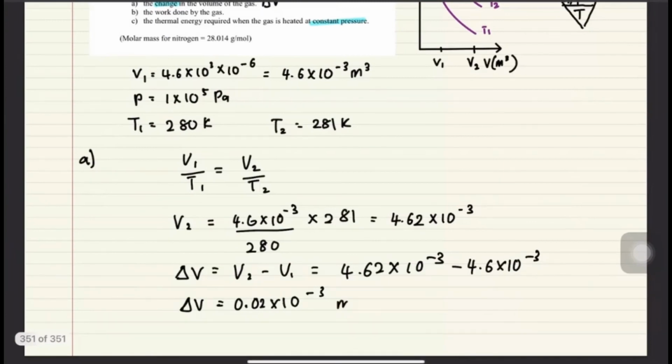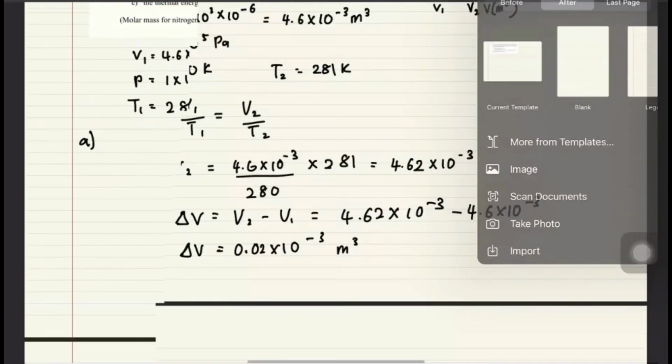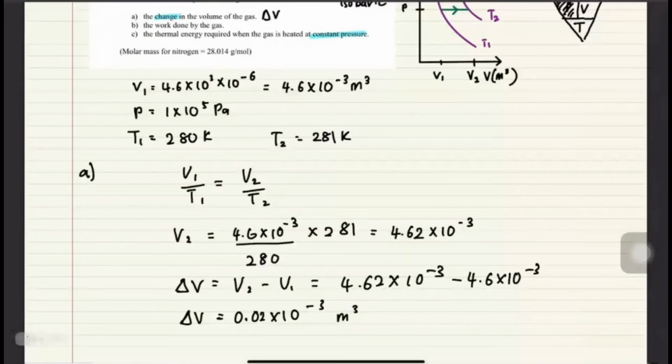The unit will be meter cube. If you get negative, that indicates the volume actually compressed. In this one it is positive, so it is expanded. It makes sense, based on our drawing earlier too.